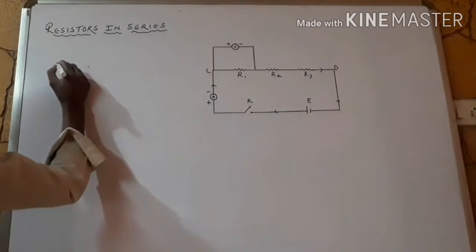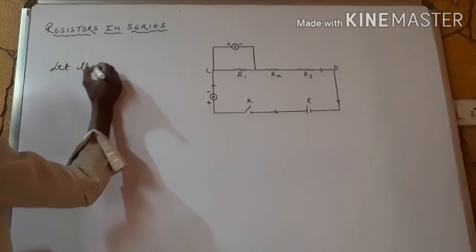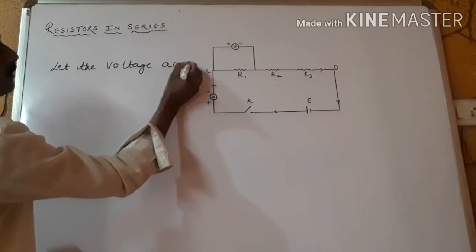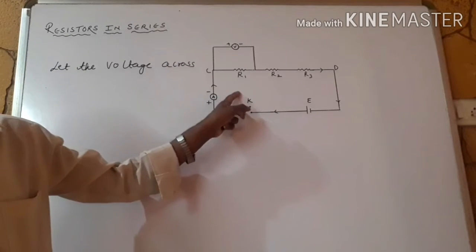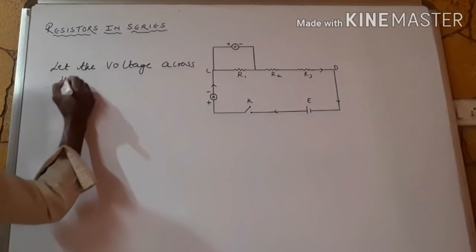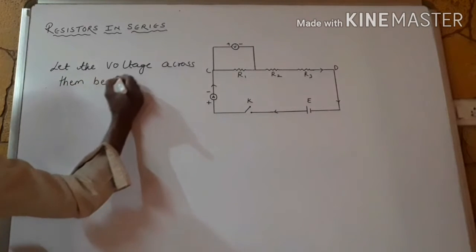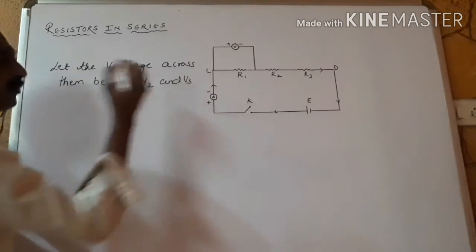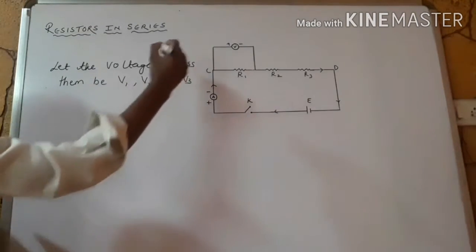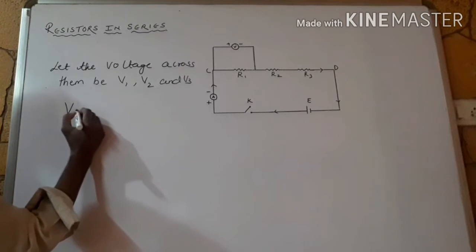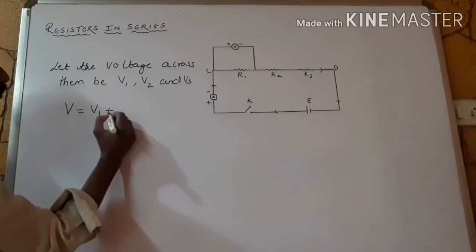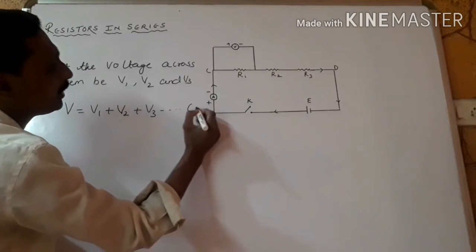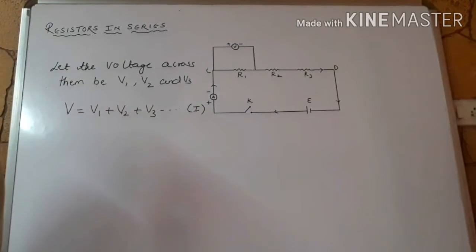Now the total voltage will be V is equal to V1 plus V2 plus V3. Let this be equation number 1.